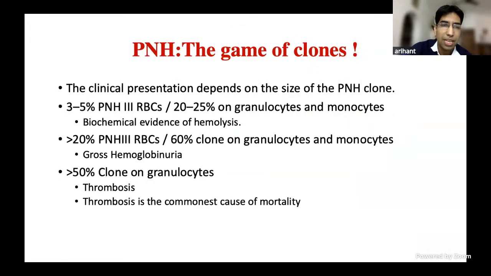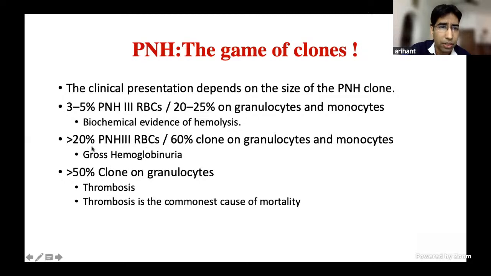PNH, as we all know, is actually the game of clones. If you have 3 to 5% type 3 PNH RBCs and around 20 to 25% on granulocytes and monocytes, that is usually sufficient for the patient to develop biochemical evidence of hemolysis, typically in the form of raised LDH or low haptoglobin and a high retic count.